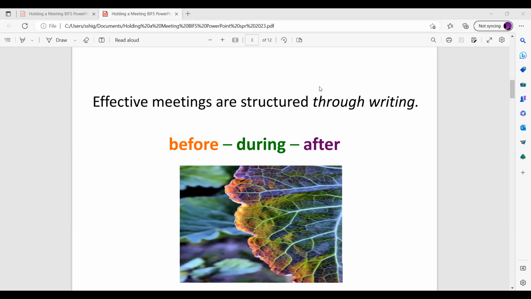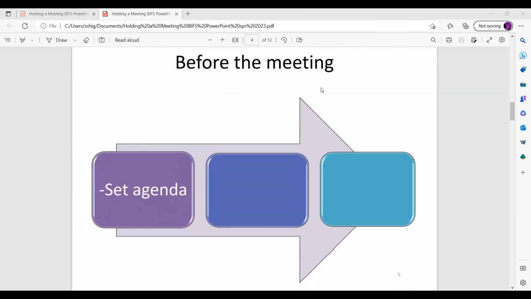And that is going to be your homework assignment today. You need to set an agenda before the meeting. So your agenda needs to be well thought out. It needs to be sent before the meeting, right? Prior to the beginning of the meeting, send out that agenda. And it should provide information about the meeting objectives.